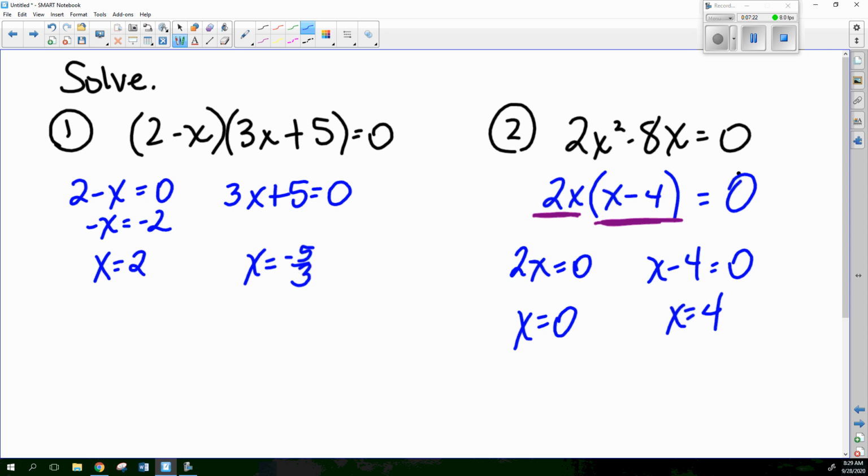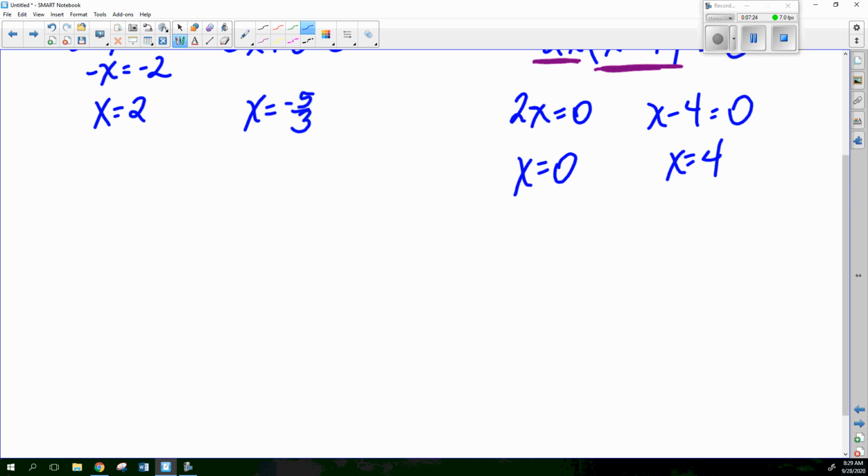All right, let's bump it up a notch. Maybe. All right, 5x squared plus 20 equals 0.